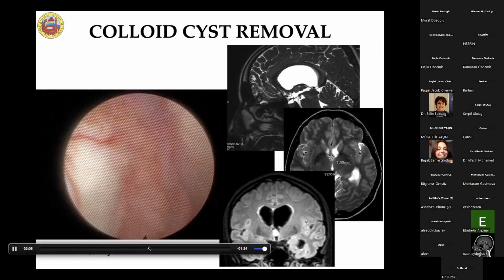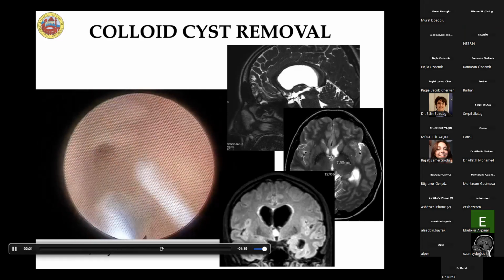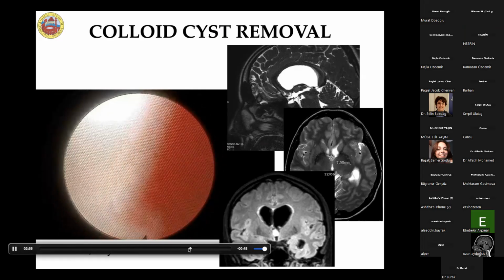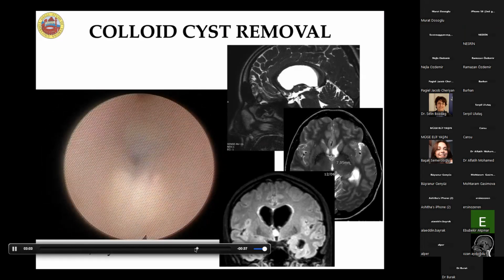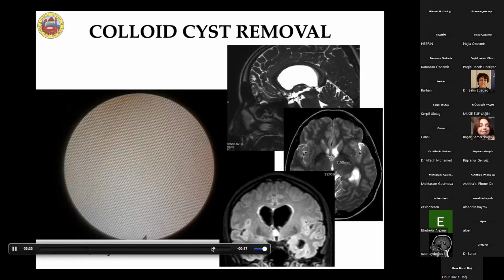And we can also remove the wall of the capsule of the colloid cyst. This is the exploration of the third ventricle, which is completely free. Sometimes we can have some blood clots, but with a flexible scope, it's very easy to remove them, like you are seeing here, just by aspirating them.